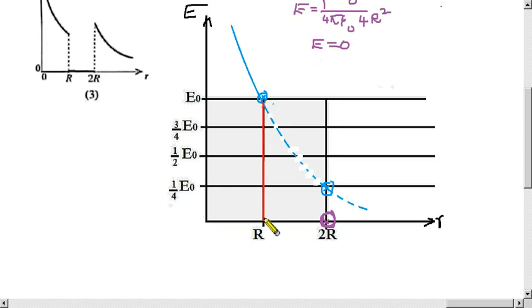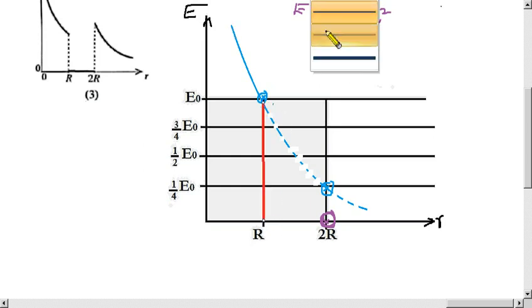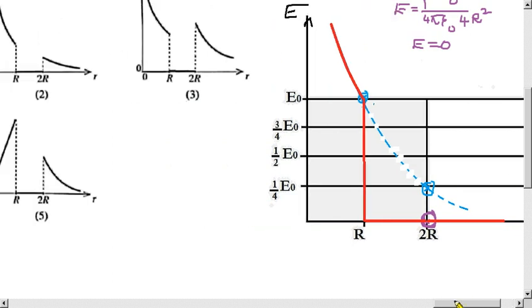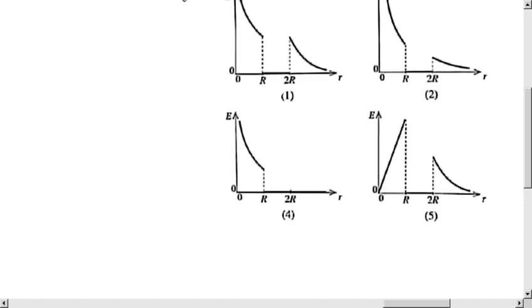Since there is a metallic medium, that means a conducting medium, further along the x-axis it is 0. So the answer should be this one, 0 after r. After r it is 0. This one is the answer.